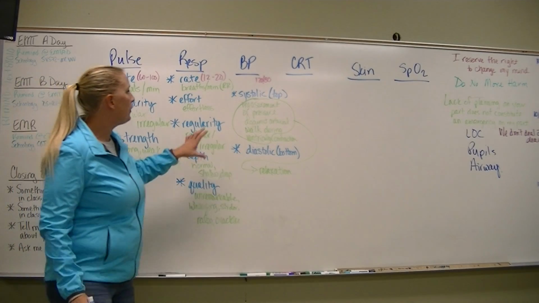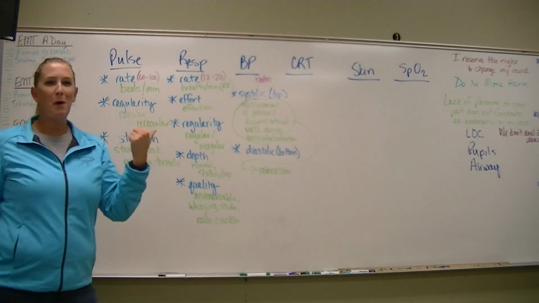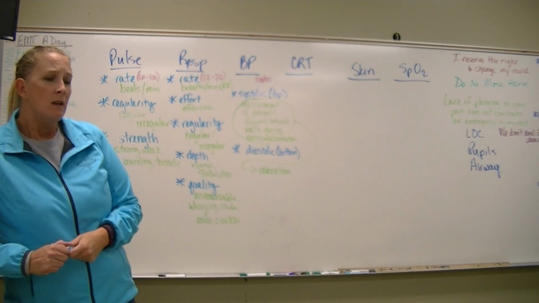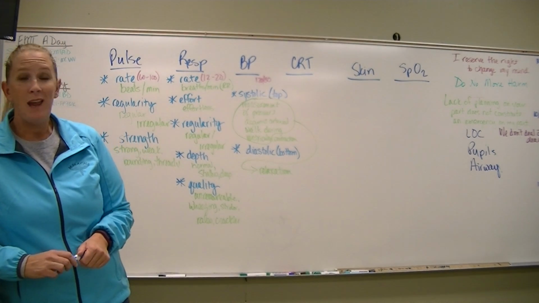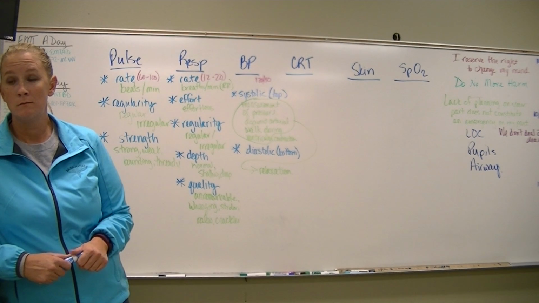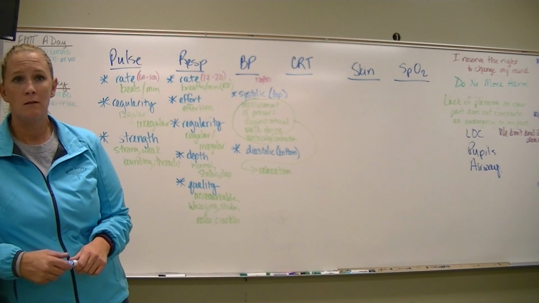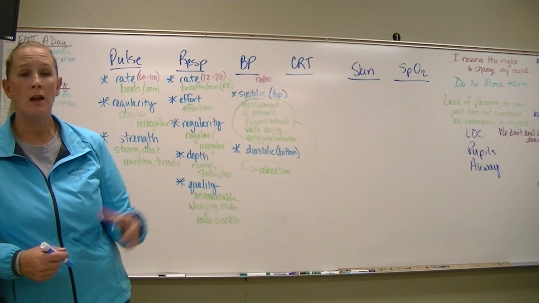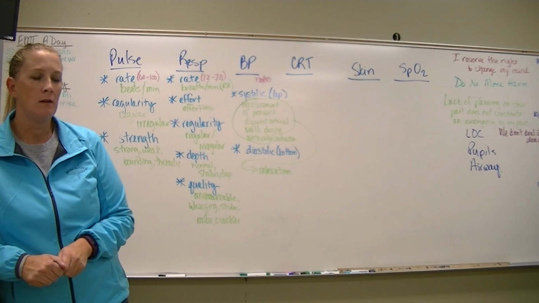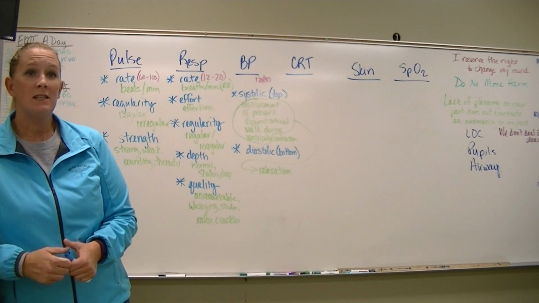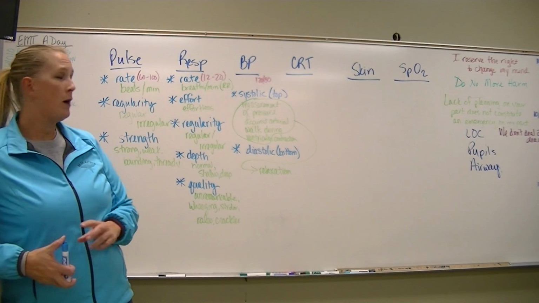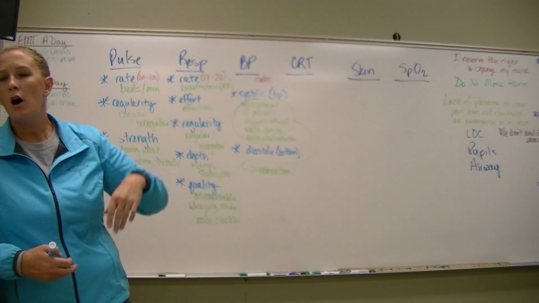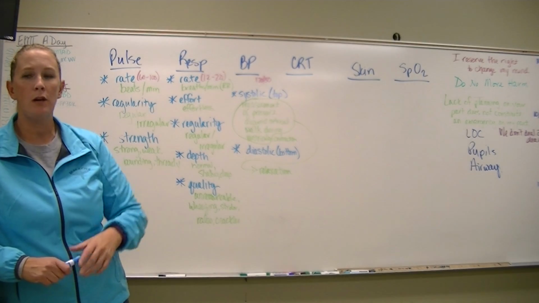When we measure blood pressure, we use a sphygmomanometer, a blood pressure cuff, and a stethoscope. Sometimes you can't hear blood pressure. When you're out in the field, it's hard to get blood pressure by auscultating, which means listening, when there are sirens, firemen cutting on cars, people talking, and radio chatter.